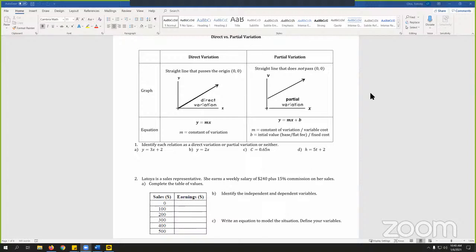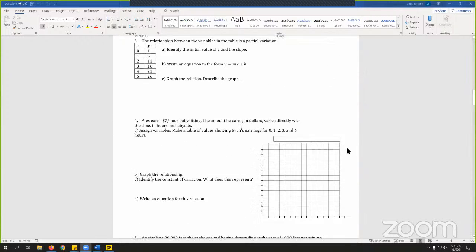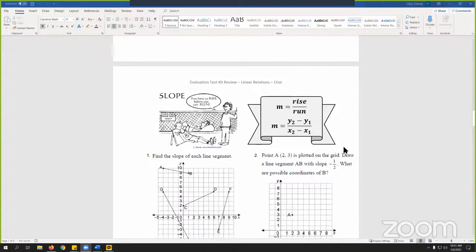The b value is 0, so it's just y = mx, compared to the partial, which is y = mx + b. So the questions, of course, here talk about identifying direct or partial, stating independent and dependent variables, and writing an equation. There's a lot of questions on that.